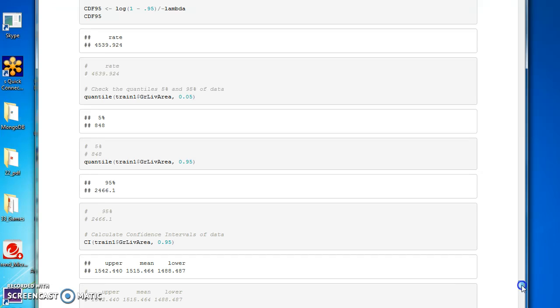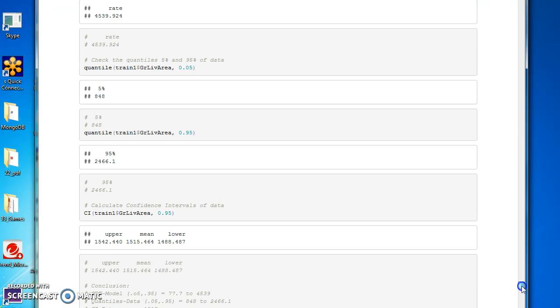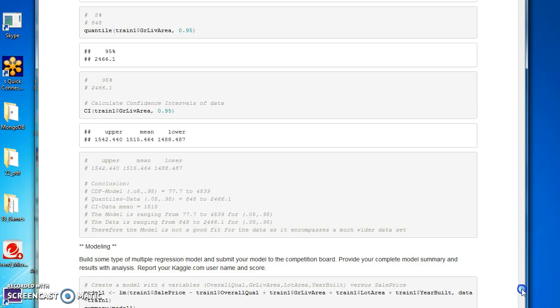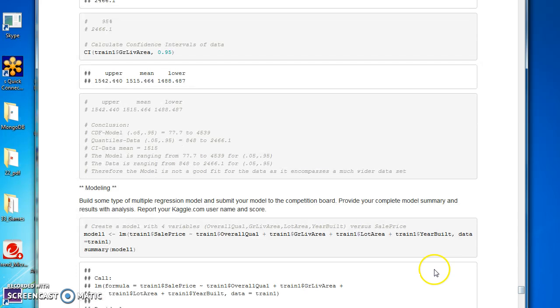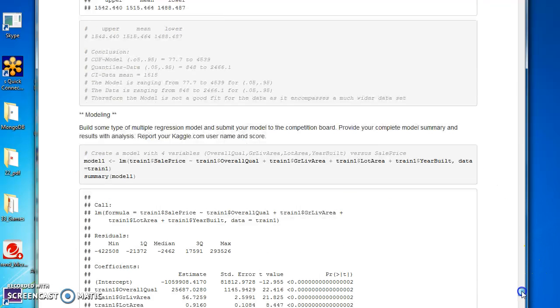And then the real data is just looking at the quantiles, 5 and 95. It goes between 848 and 2466. So if we compare those, the model is a much wider range from 77 to 45.39. The data is ranging from 848 to 2466. Therefore, the model is not the greatest fit, and it encompasses a much wider data set.